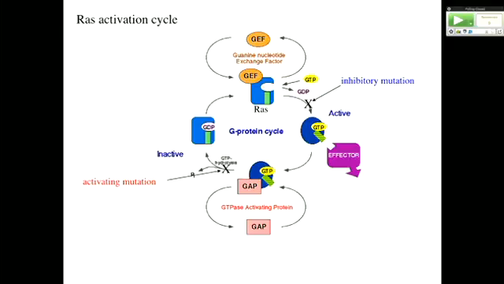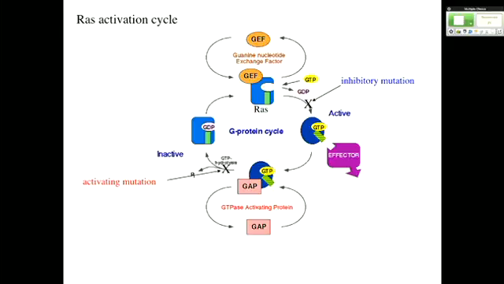So let me ask you a clicker question, and that is, which of these two mutations do you think was contained in the first human oncogene? The first human oncogene was a mutant form of RAS, and I've just shown you an inhibitory and an activating mutation.